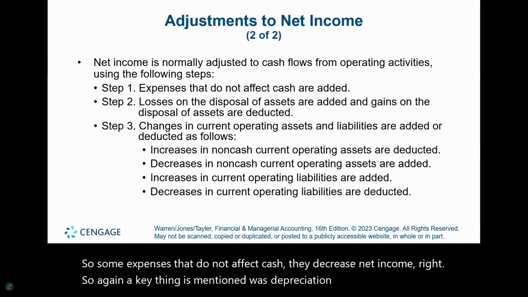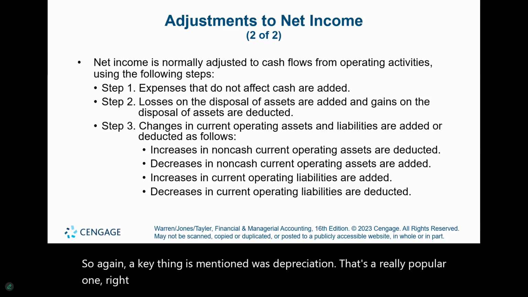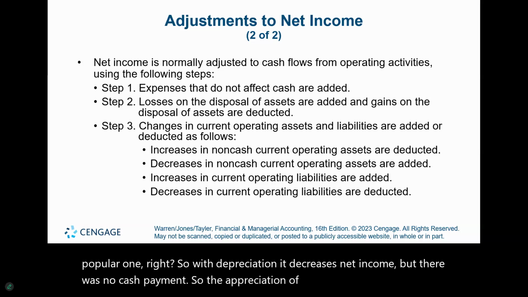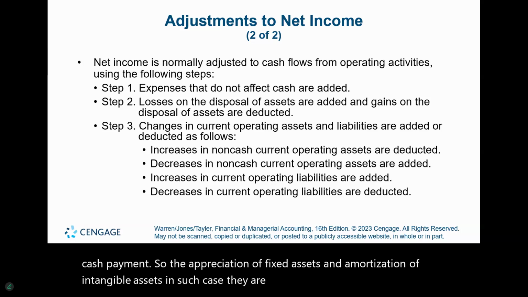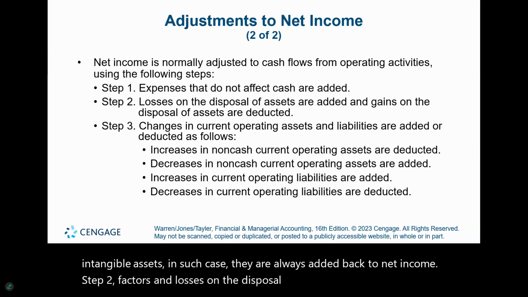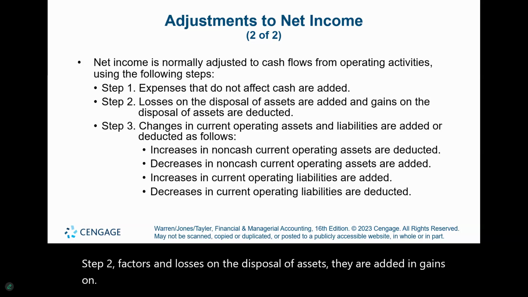That's a really popular one, right? So with depreciation, it decreases net income, but there was no cash payment. So depreciation of fixed assets and amortization of intangible assets, in such case, they are always added back to net income. Step 2 factors in losses on the disposal of assets. They are added, and gains on the disposal of assets are deducted.